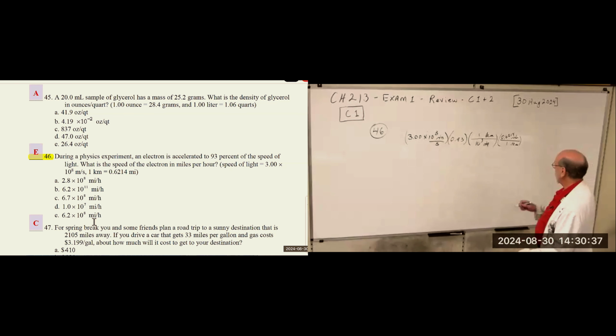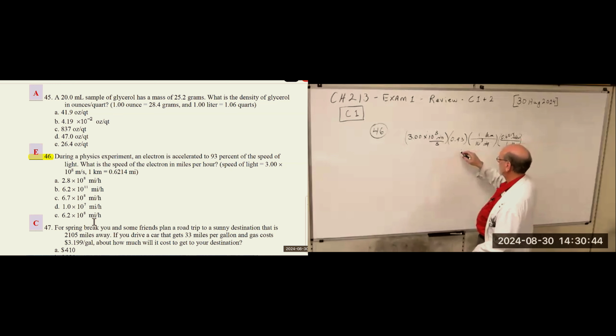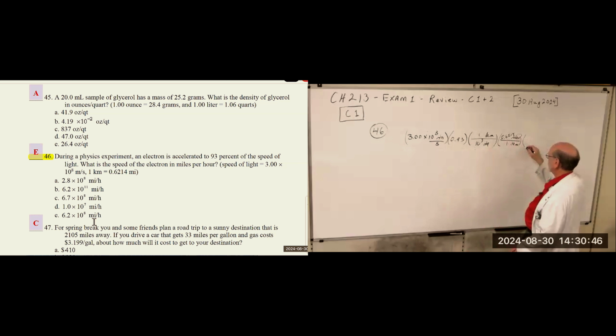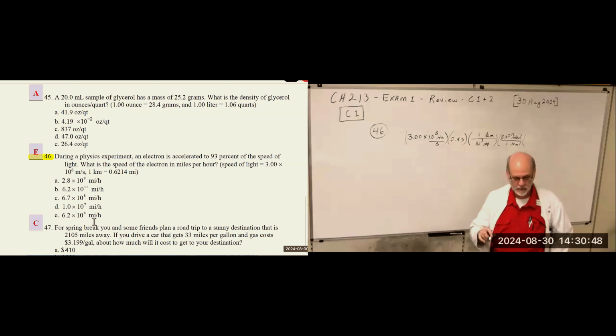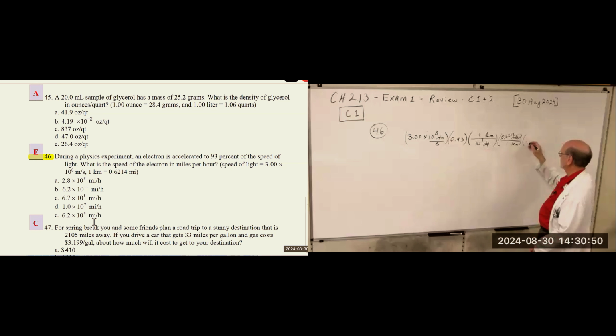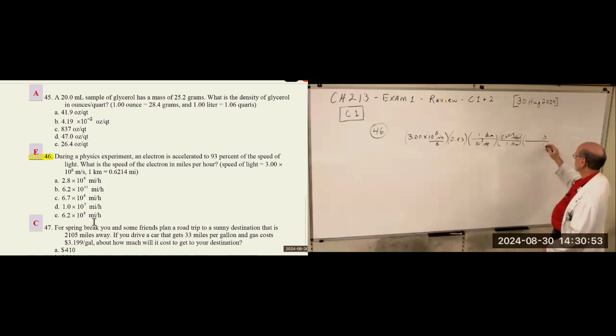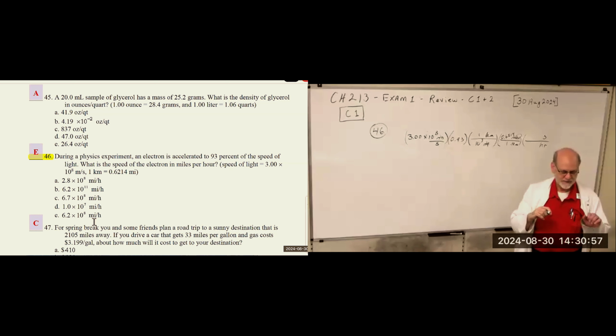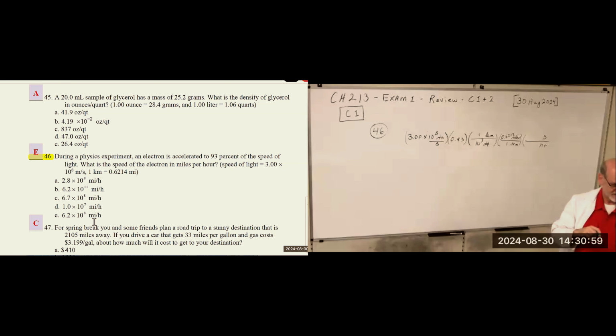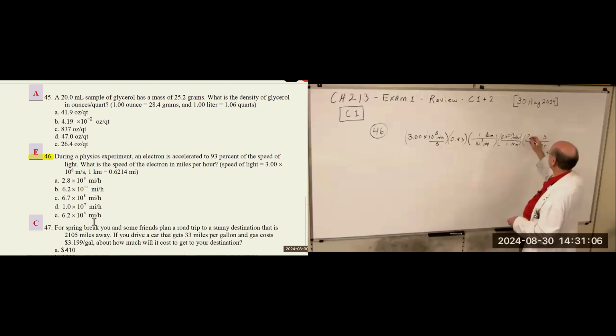Okay, so now let's see. This is miles. Okay, that gives us miles. Now we need to convert to hours. So we've got seconds. Does anybody know how many seconds are in an hour? 60 seconds in a minute, right? 60 minutes in an hour. 3,600 seconds in an hour.